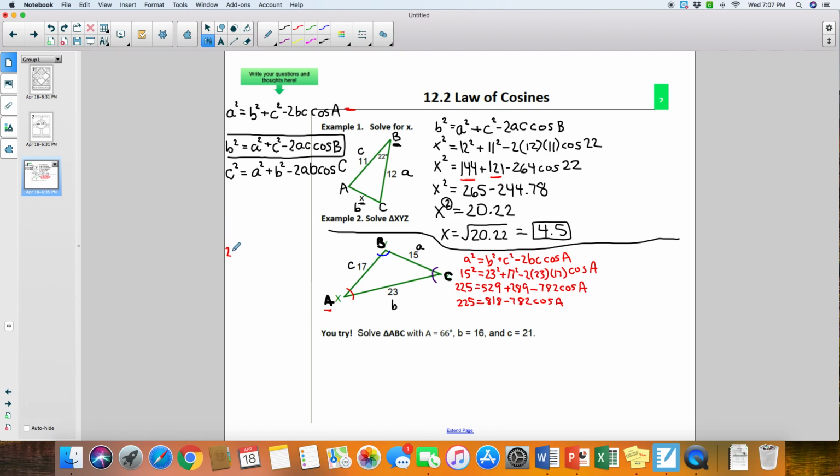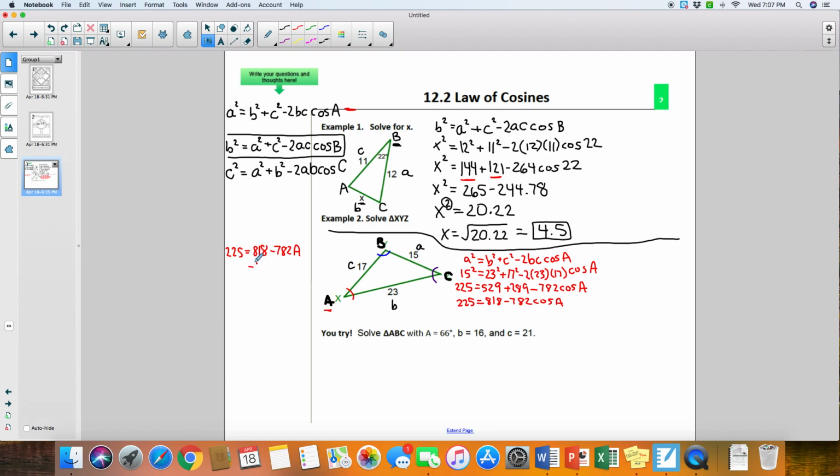I'm gonna write that on the side. So let's just say the equation was 225 equals 818 minus 782A. When solving this equation, the first thing I would do is get rid of anything added or subtracted.